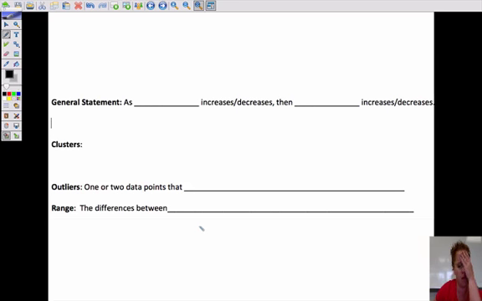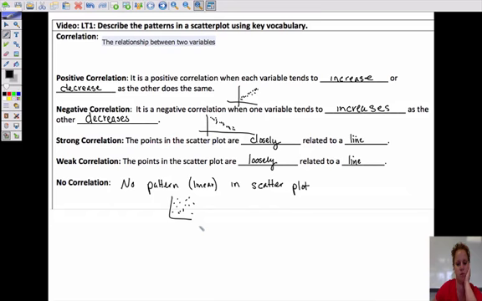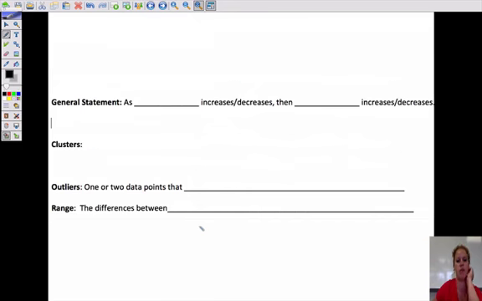We're going to do a couple more vocab words first. So, with each scatter plot, we're going to learn to make these general statements. The way you'll do this is you'll talk about as the x variable increases or decreases, then the y variable.